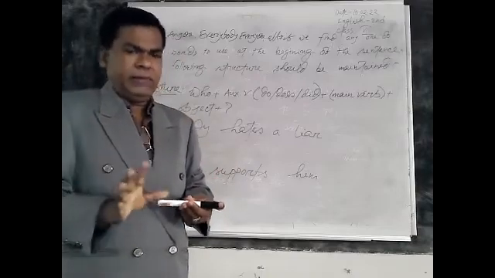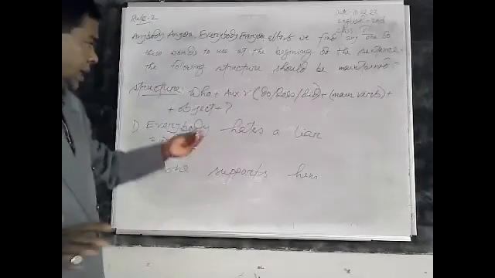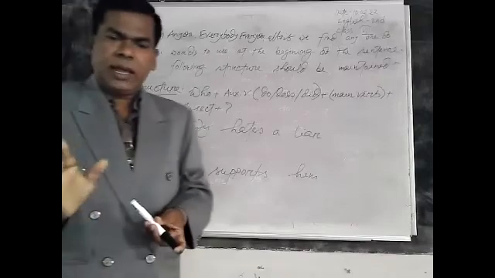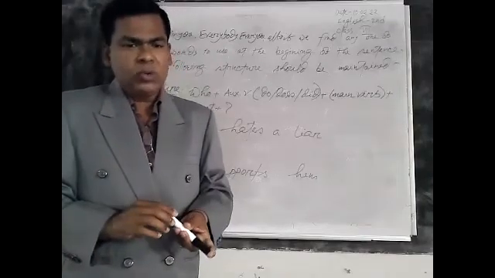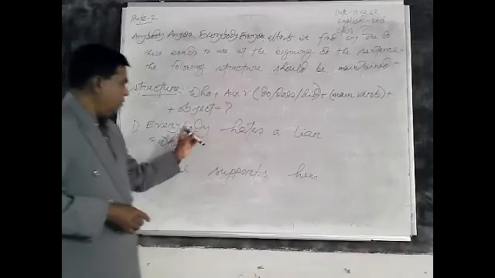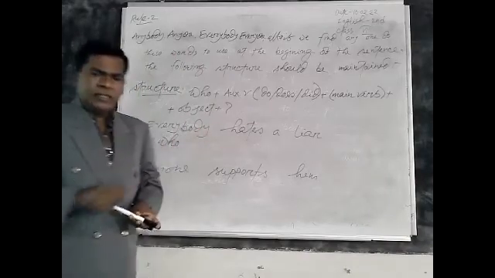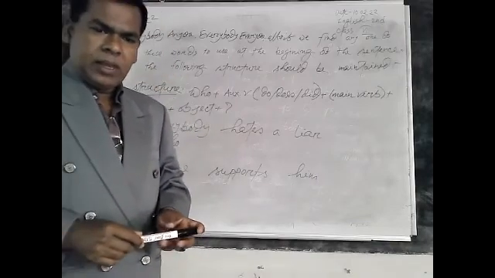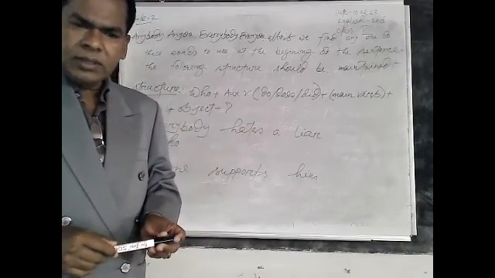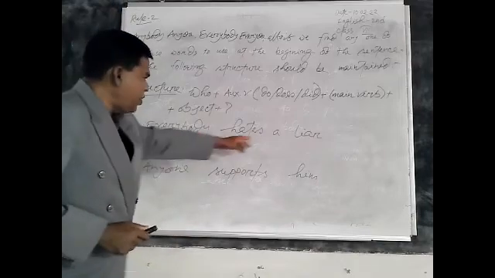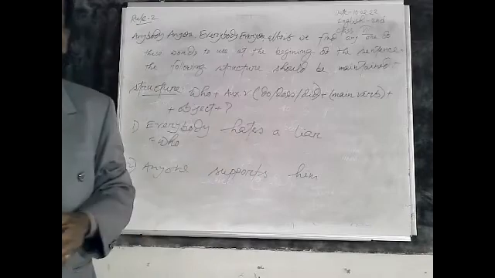But here, look, if there is no auxiliary, we hire the auxiliary from outside, and the hired auxiliary verbs are do, does, or did. Look here, everybody hates a liar. In this sentence, we are not seeing any kind of auxiliary used here. Is it correct, boys? There is no auxiliary in the first sentence. Am I right?